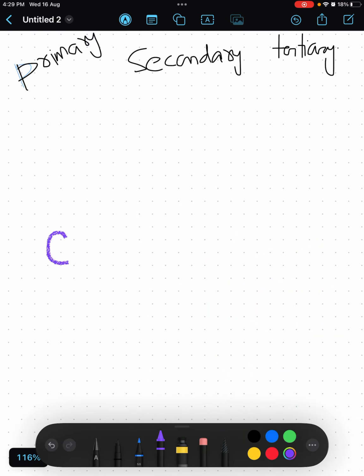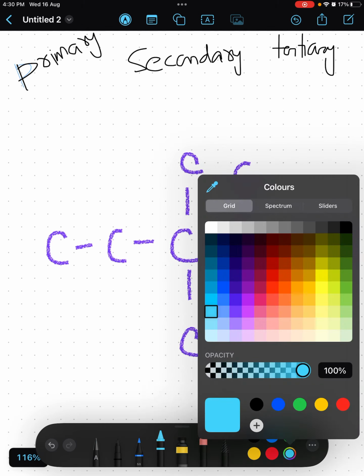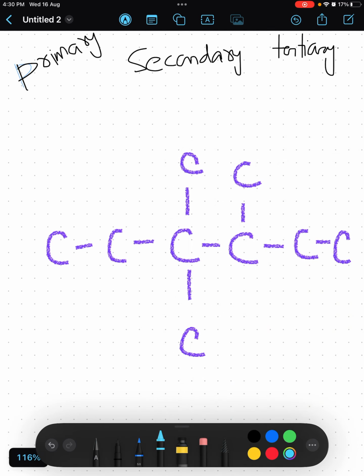We have the first carbon over here. Consider this is a carbon chain, right? Now, the carbon which is connected to only one carbon is known as first degree carbon. If you see this carbon, it is connected to two carbons, so this is second degree carbon.